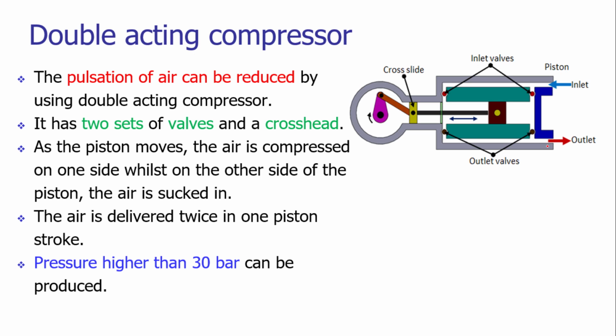It has the cylinder arrangement. The cylinder is hosting the piston, and that piston has the connecting rod, and that connecting rod is connected to the crank, and we have the crankshaft.